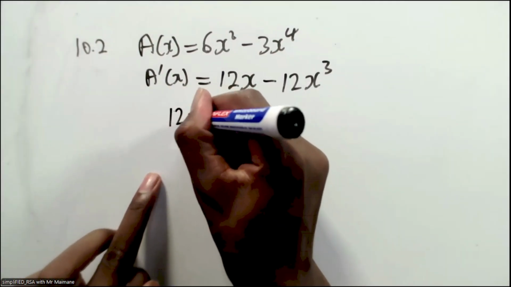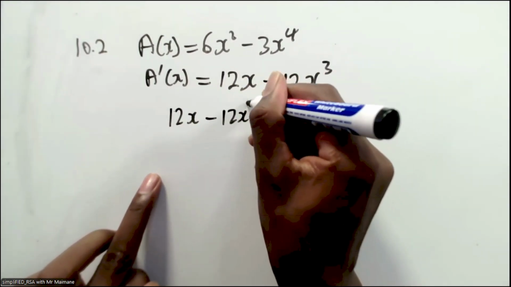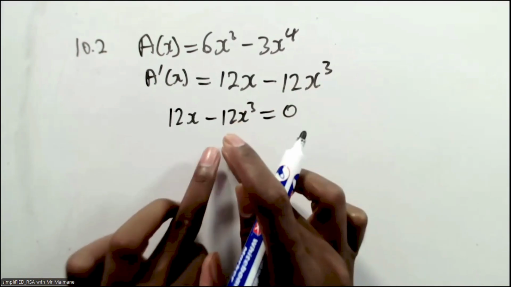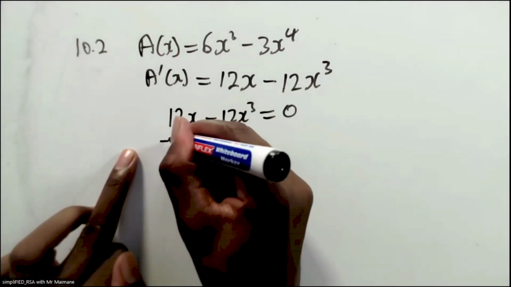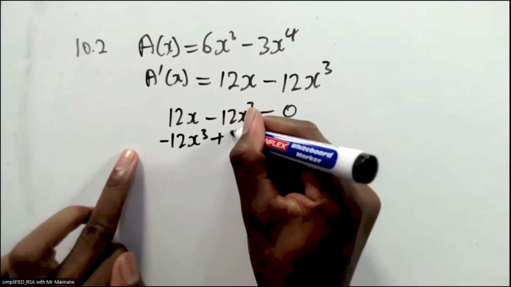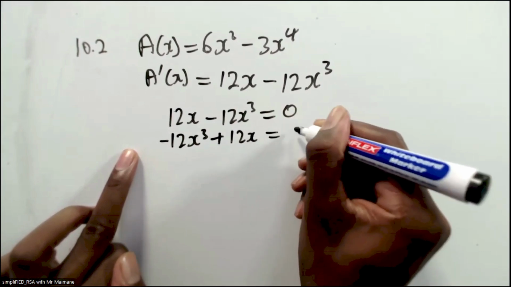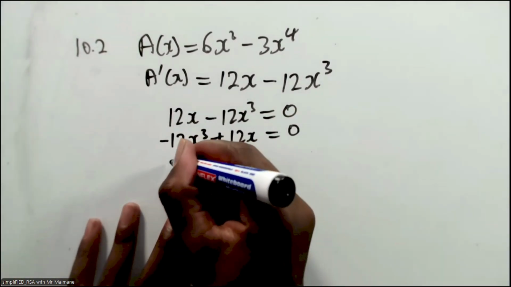Therefore, 12x minus 12x cubed is equal to 0, and then I will solve for x here. Just to put this properly, I can write it like this, such that I want to have my first factor as positive.